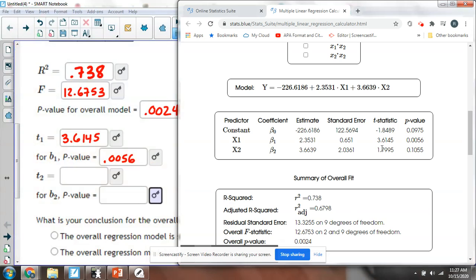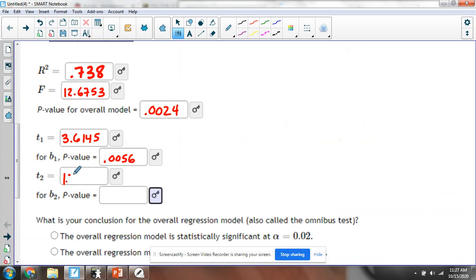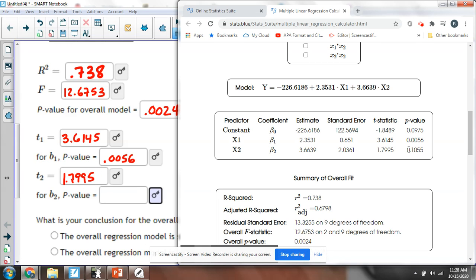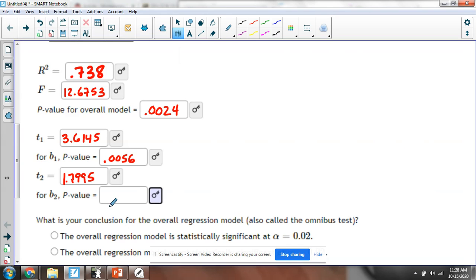It wants the test statistic associated with beta 2, or the second coefficient, which is going to be 1.7995, as well as the p-value for the second coefficient, which will be 0.1055. These are really what we're concerned with, the p-values, not so much the t-values.